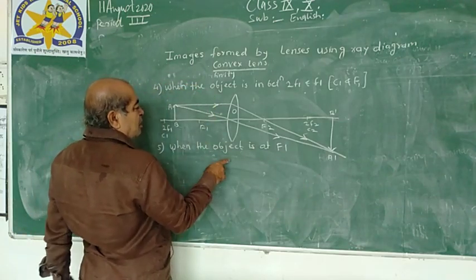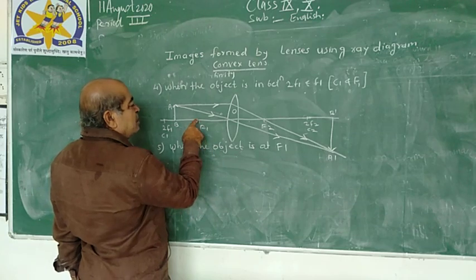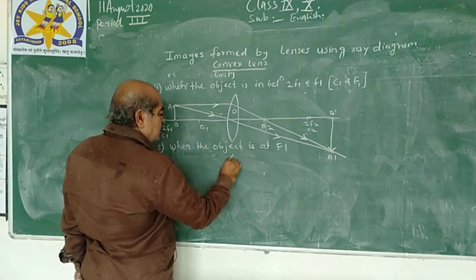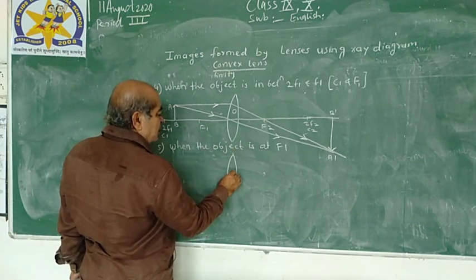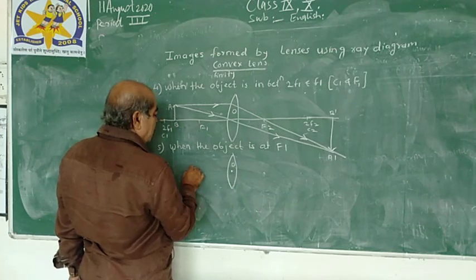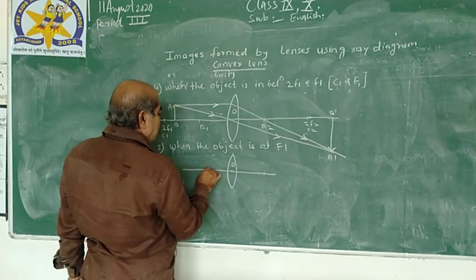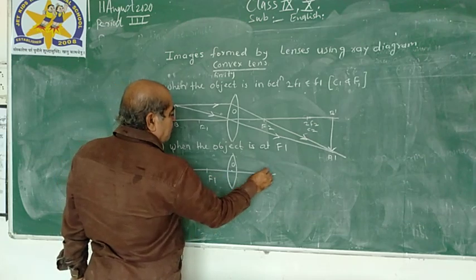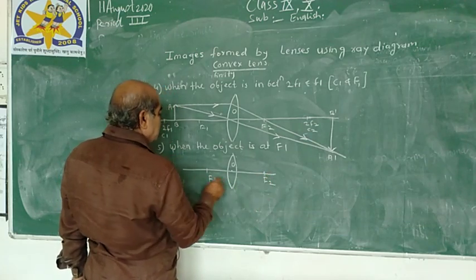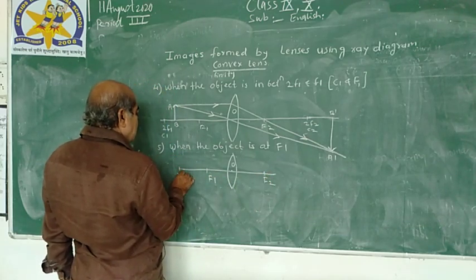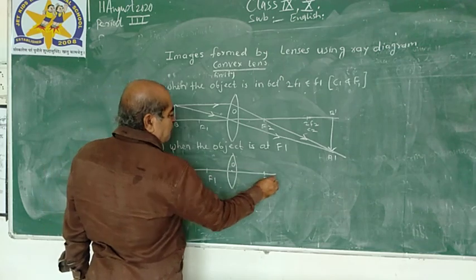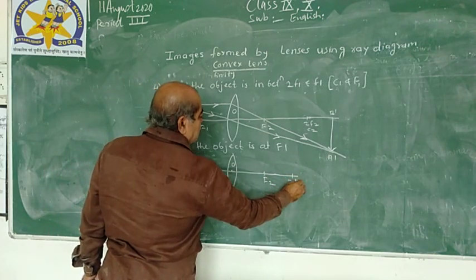So when the object is at F1, this is the convex lens. O is the optic center. F1 is the principal focus. F2 is the principal focus. This is twice F1 and this is twice F2.